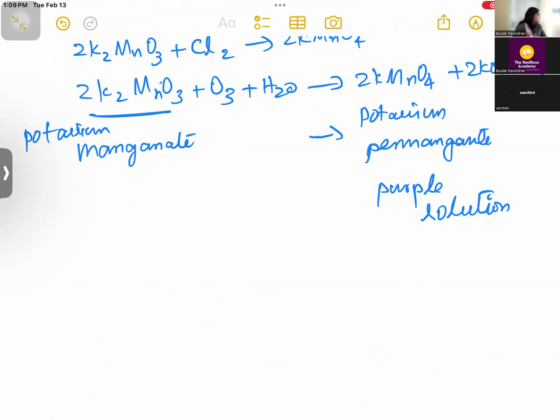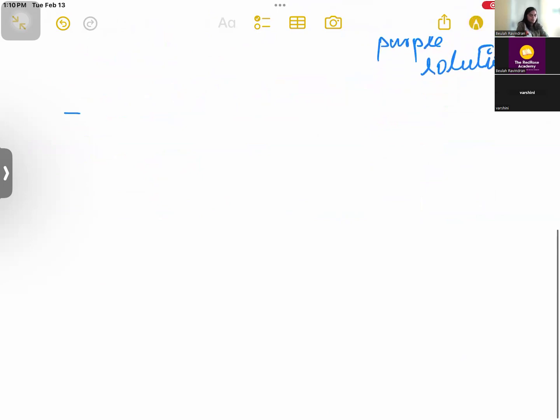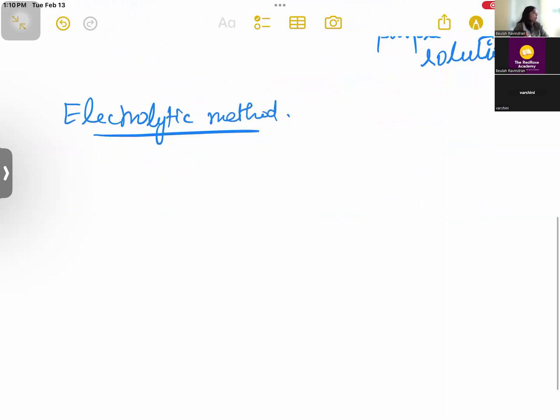Its properties are also discussed in your book, right? Having metallic luster. Yeah. So you need to learn all those things. Then the electrolytic method is discussed in your book. So the next method is the electrolytic method. What is the electrolytic method? K2MnO4 is now oxidized electrolytically.